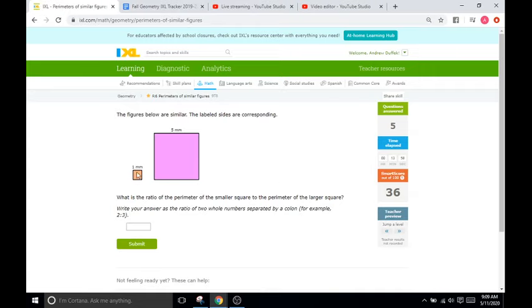You're going to go 1, the unit of 1, it will compare to the unit of 5, so 1 to 5 ratio, just like that. So for every 1 unit we have here, there are 5 on this side right here. For every length of 1, we have a length of 5. So 1 to 5 ratio. Because again, the shapes are similar.